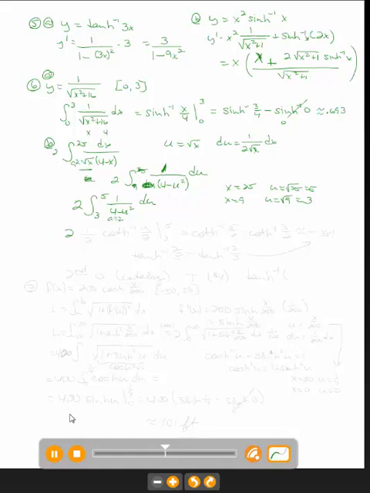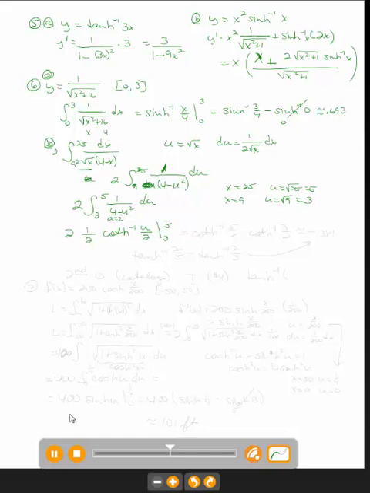And the rule says that if your x's are greater than 2, you use the hyperbolic cotangent, and they are greater than 2 because we're going from 3 to 5. So this is going to turn into 1 over a, so 1 over 2, hyperbolic cotangent, and then u over a, which is u over 2, from 3 to 5. And so now I have to plug and chug.